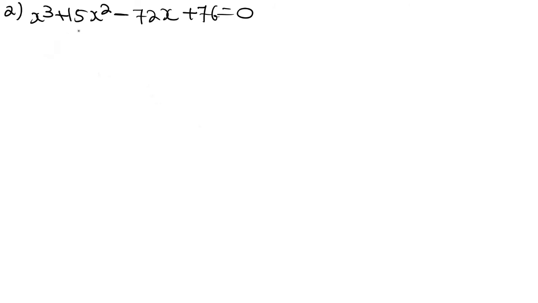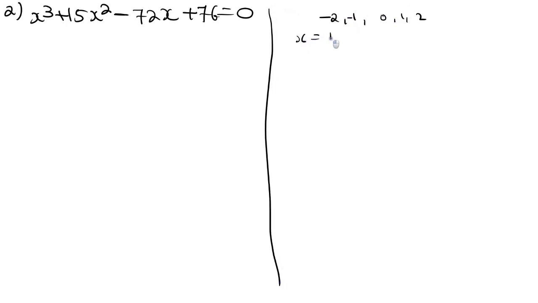Second one, x cube plus 15x square minus 72x plus 76 equal to 0. You need to take a root between minus 3 and plus 3, as mentioned. That means minus 2, minus 1, 0, 1 and 2 are possible. Do the inspection method. Suppose here I take x value equal to plus 1.